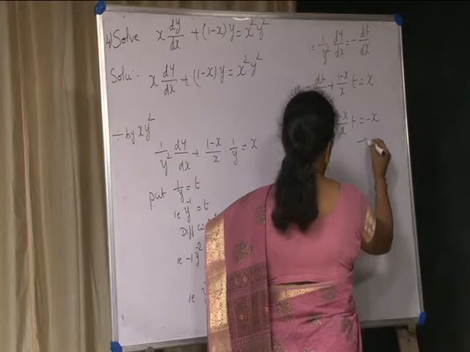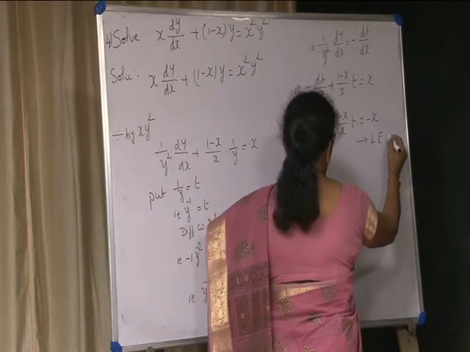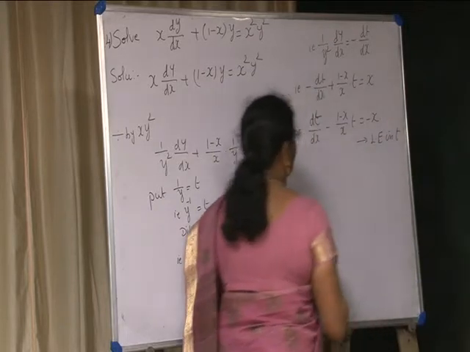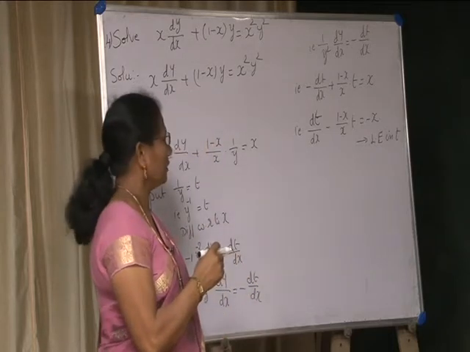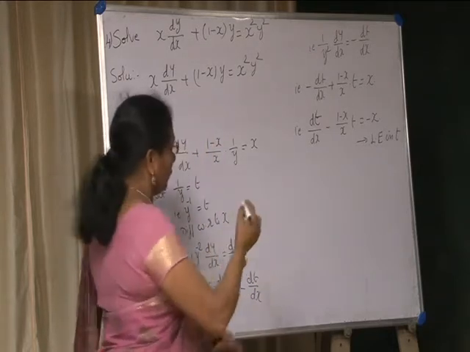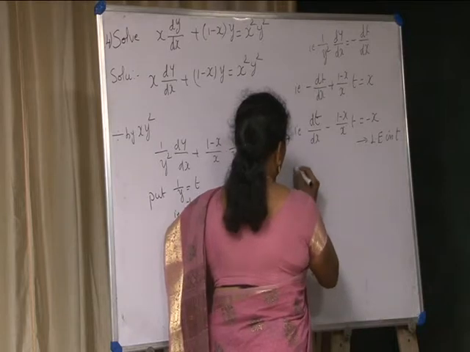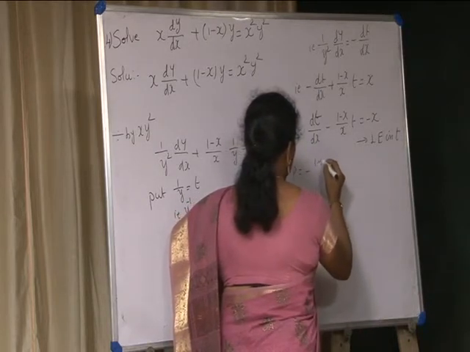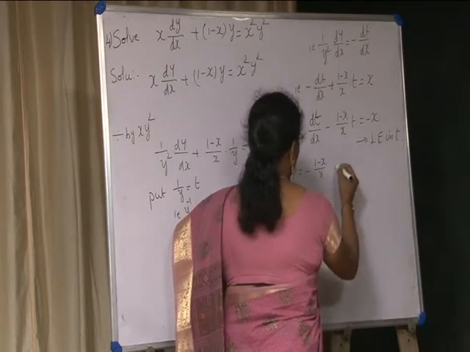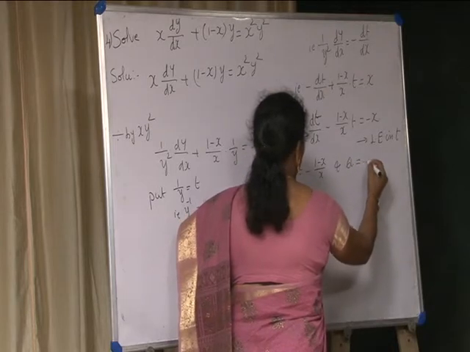It is a linear equation in t. P is equal to minus 1 minus x by x and q is equal to minus x.